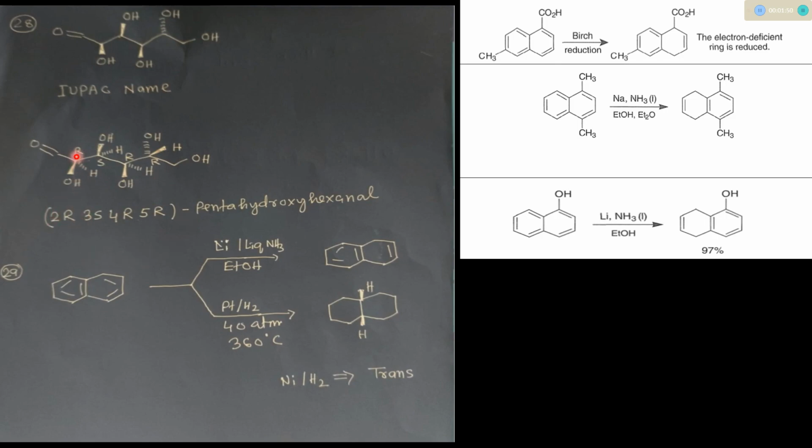Carbon 2 stereochemistry R, carbon 3 S, carbon 4 also R, carbon 5 also R. So 2R, 3S, 4R, 5R pentahydroxyhexanal is the IUPAC name of the compound.